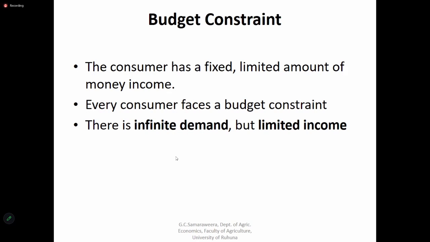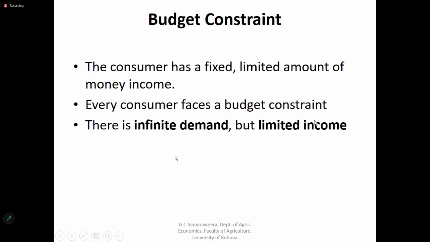But if you are rational, you can use this in a very productive manner to buy the things that you want. Okay? So that's why the budget constraint says there is infinite demand. The demand is not finishing or stopping, there is no stop point.